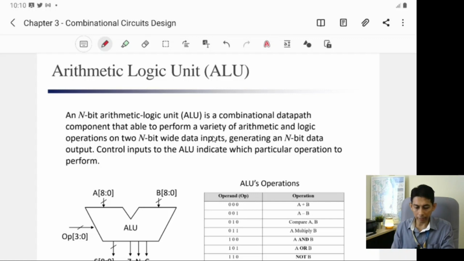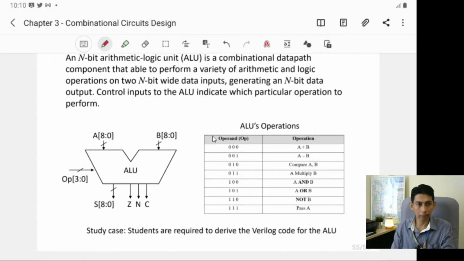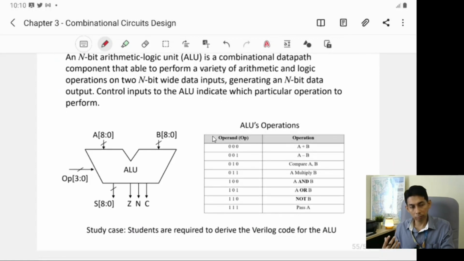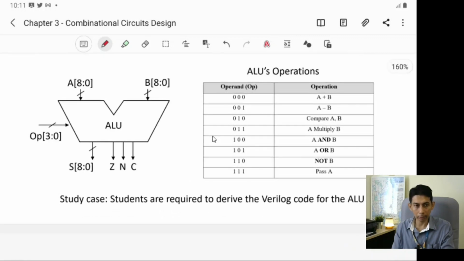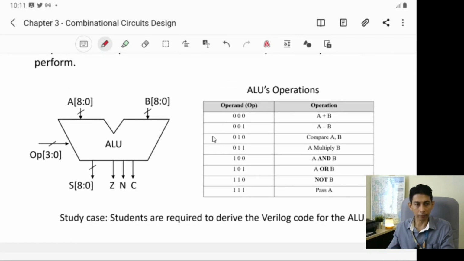So actually in the ALU, for any microprocessor that we have today, it contains operations like this. This is a small scale one. For example, in this case, the ALU can do 8 operations.